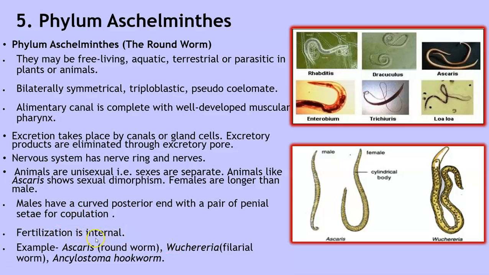Fertilization is internal, so the fusion of the male and female gametes takes place inside the female body. We have examples: Ascaris, which is called roundworm; Wuchereria, which is also called filarial worm; and Ancylostoma, hookworms. So this is the last phylum for this session.